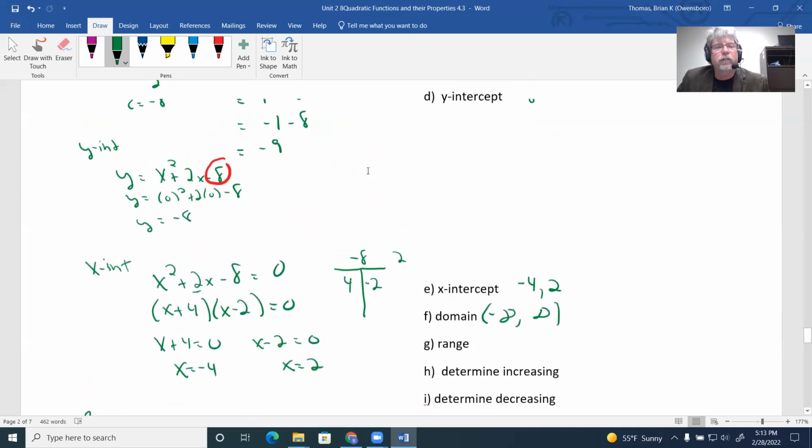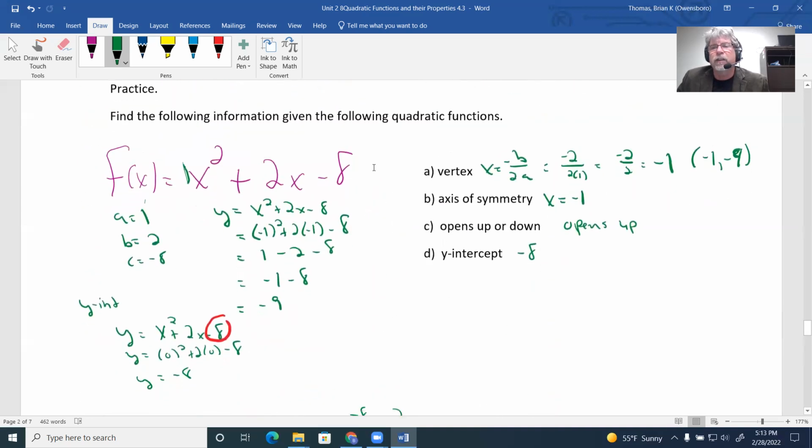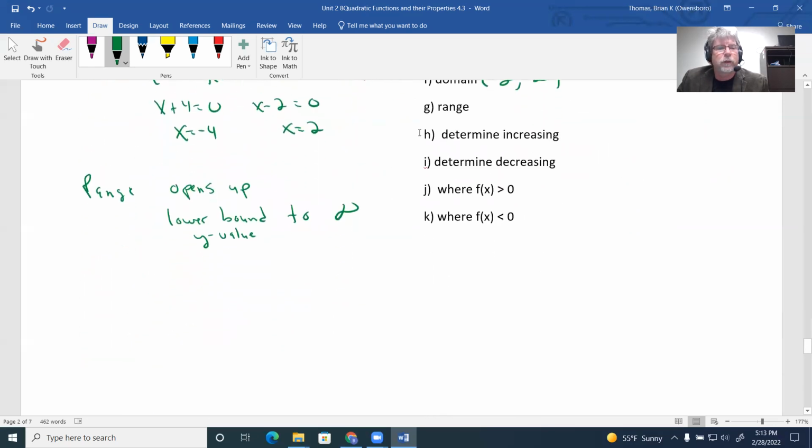And since the vertex was -1, -9, that -9 was the smallest y value. So my smallest y value is -9, and it's going to go all the way up to infinity. So the range is -9 to infinity.